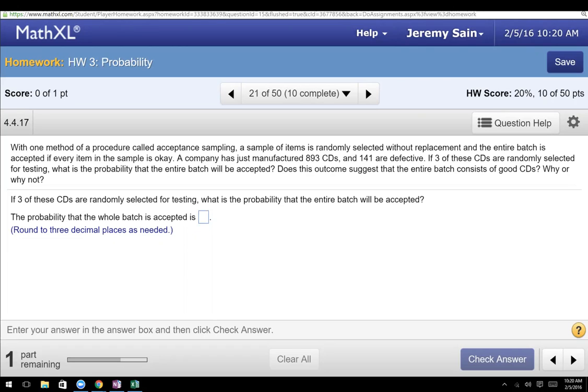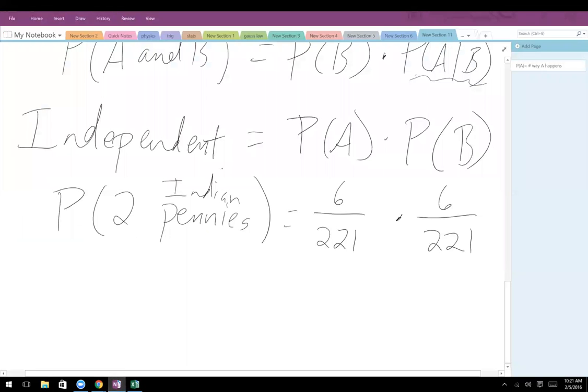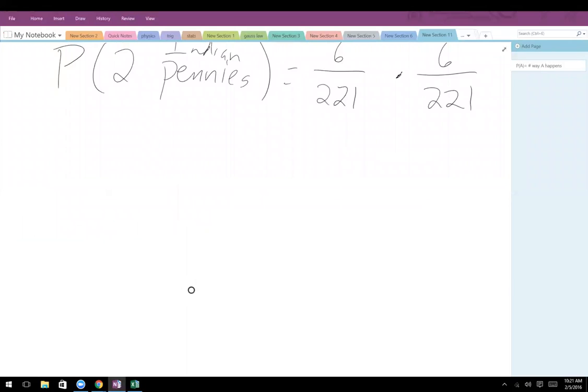Well, there's 893 total, and 141 of those are bad. So there's 754. No, so you're right, 752. So 752 out of the 893, that's the probability that the first one's okay.